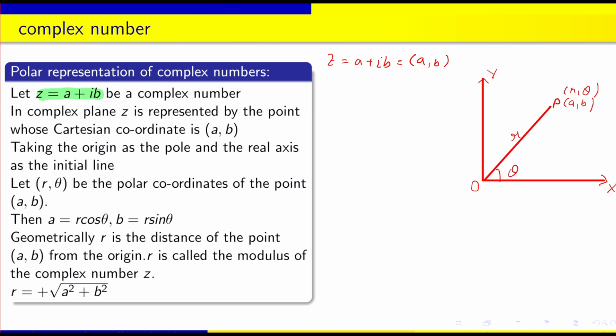Now drop a perpendicular from P to the real axis OX. Let this point be Q. Then we know that OQ is equal to a, and QP is b.